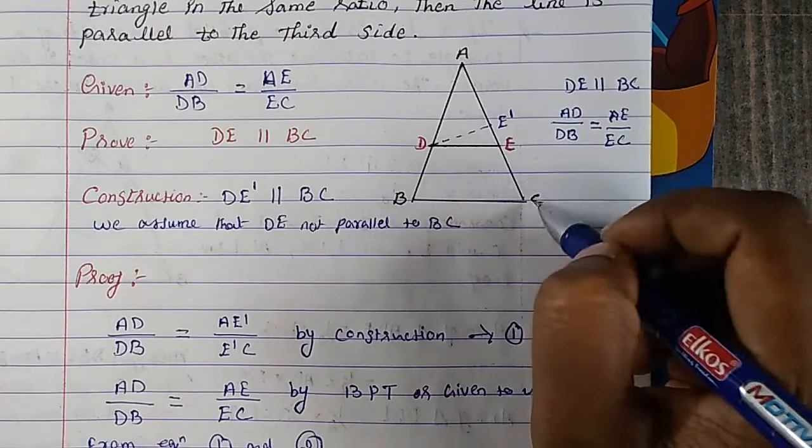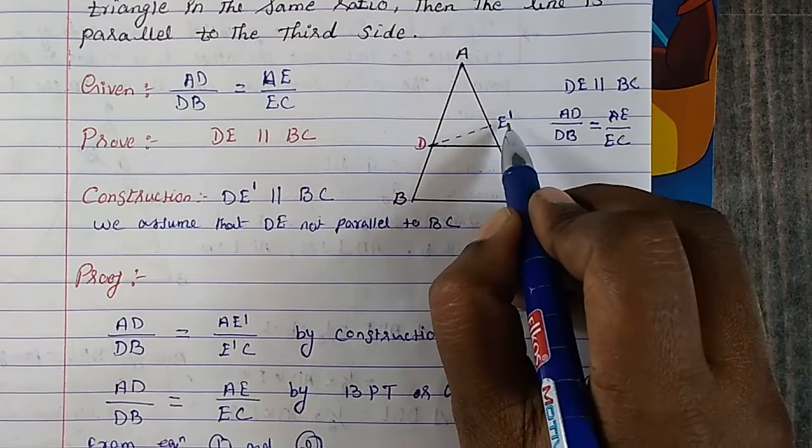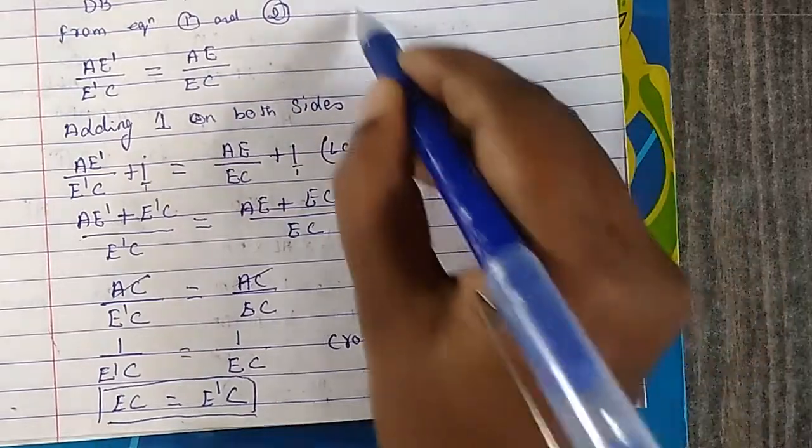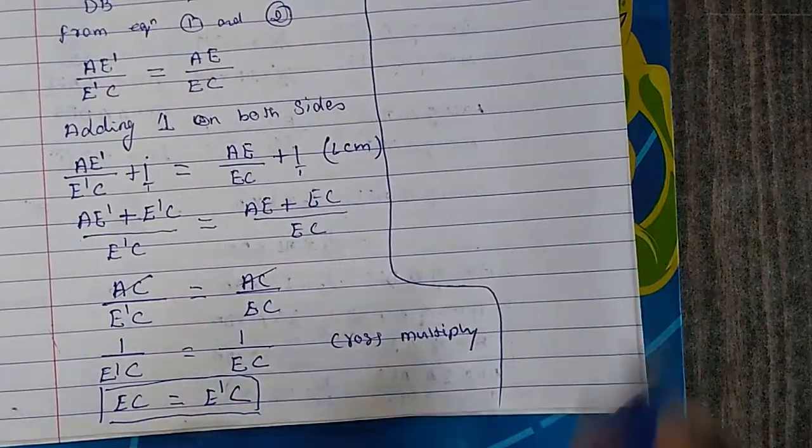If the length is the same, that means can we say that E dash and E is the same point, it is coinciding. So you can write like this.